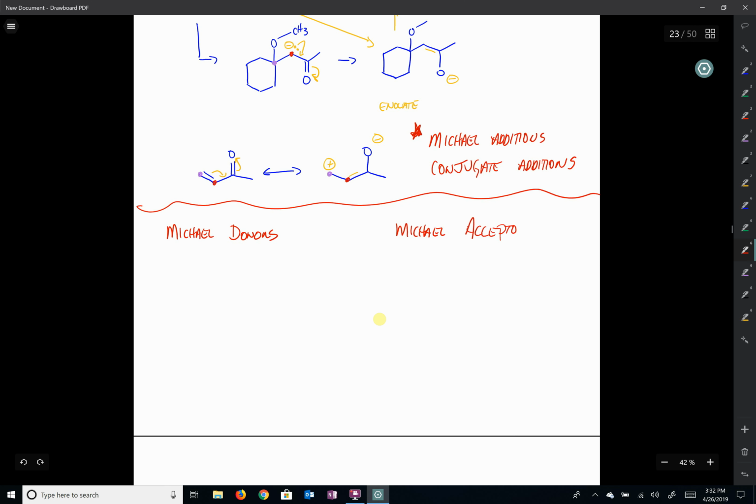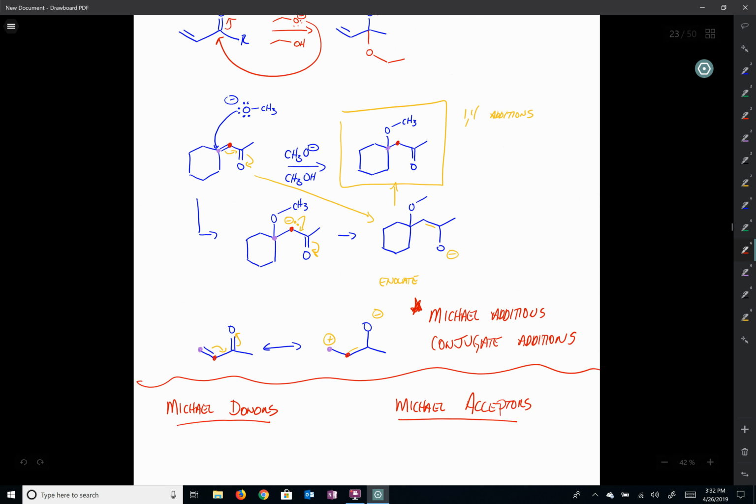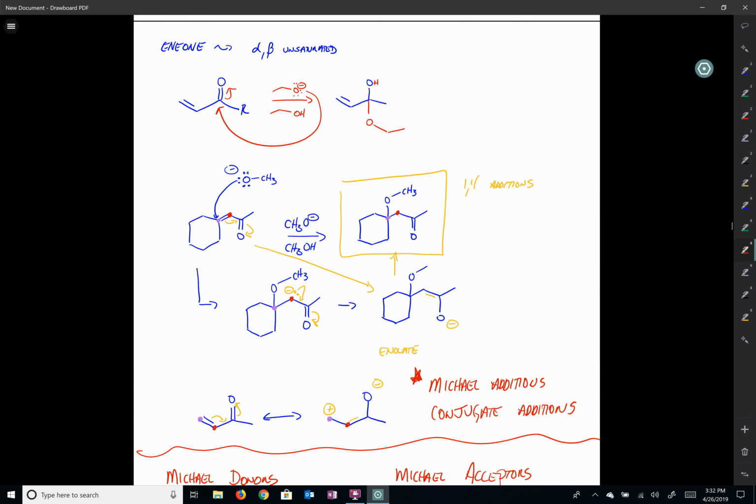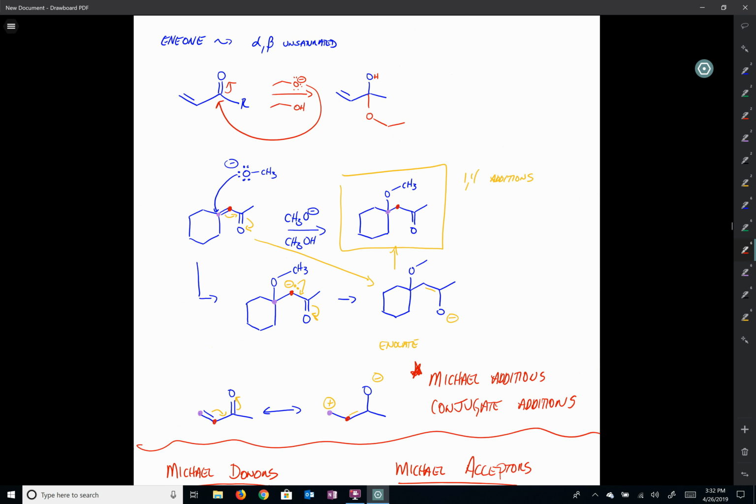Now, you might be asking, why are we only looking at Michael additions? To be honest, there's a lot of reactions that go through these conjugate addition mechanisms. It really depends on the reagents and the conditions. We could sit here and talk a lot about conjugate additions, and if you do a quick Google search, you can find a bunch of information about it. But Michael addition tends to be the most tested.